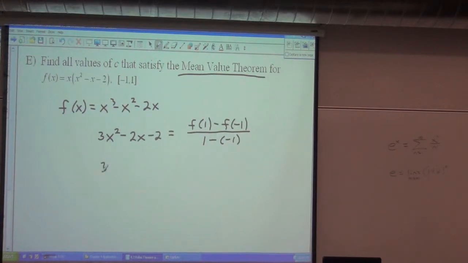So we get 3x squared minus 2x minus 2. F of 1, if I plug 1 in here, I get -2. Minus, put in -1, I get 1 minus 1 is 0, minus 2 plus 2, I get 0. And here 1 minus -1 is 2.